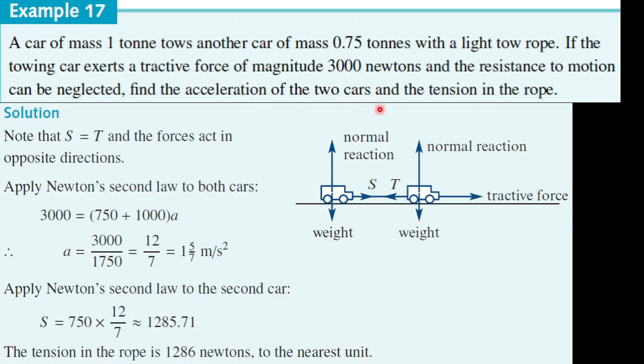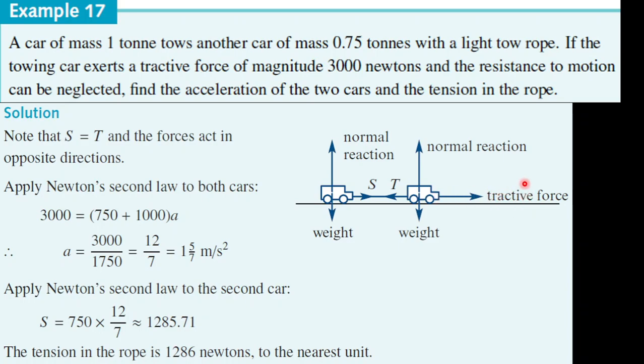So the acceleration of the two cars, now they're all moving to the right, is an amount that we're going to call A. So we apply Newton's law on the cross, we project on the horizontal axis.